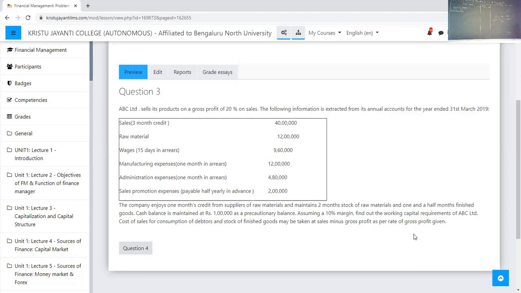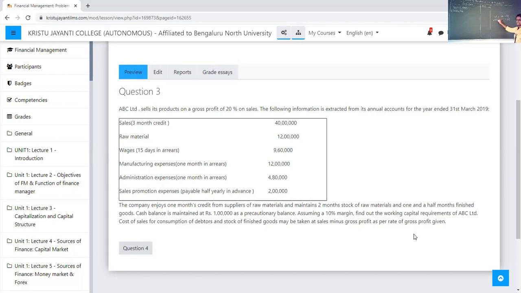I repeat, students, in order to calculate sundry debtors out of the sales information, they have clearly told us that the sales value includes 20% of gross profit. Now we will try to derive cost from the selling price that we have. Since we don't know the selling price per unit, we assume that it is 100%. So selling price is equal to, what is the formula? Cost plus profit.